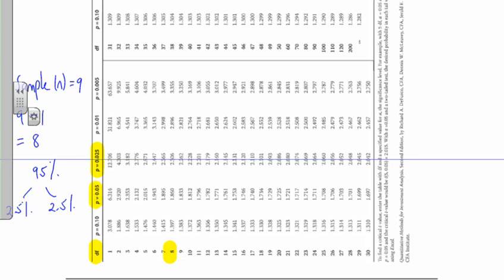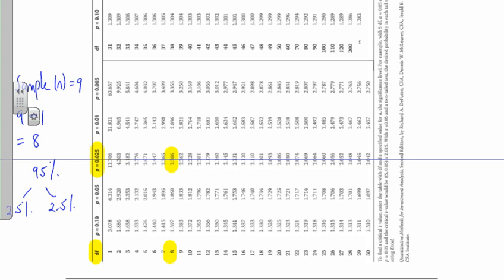You might think, well, let's go here 5% because it's 95% confidence level. No, we look at the 2.5. Why? Because there are two tails. I run my numbers across and we go there. Everybody see that? There's my 2.306. Everyone comfortable with that? And that's where I get it from.